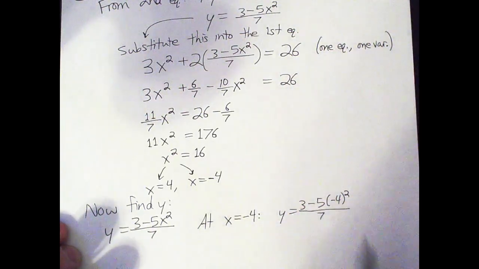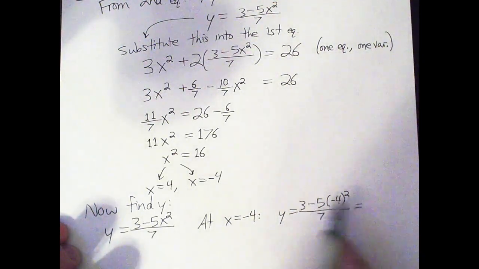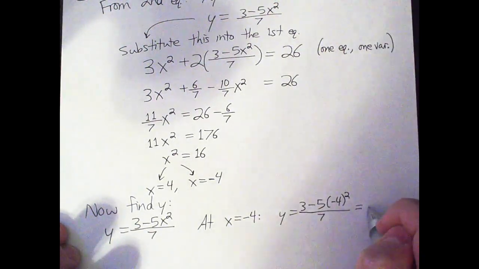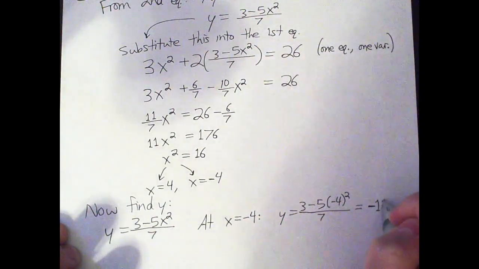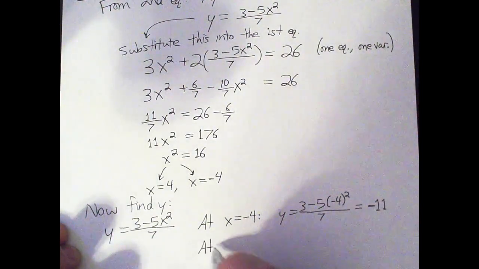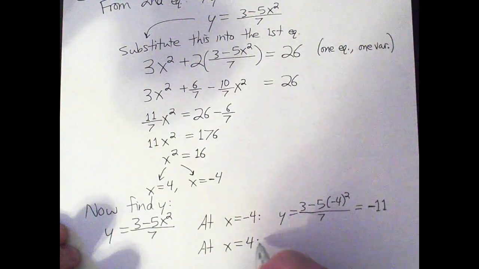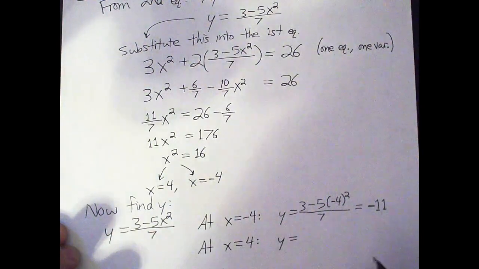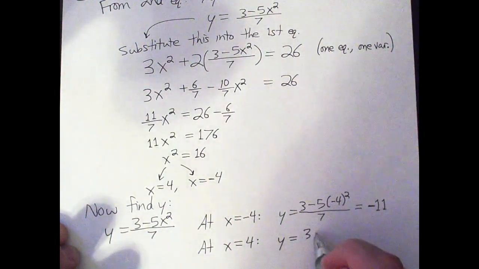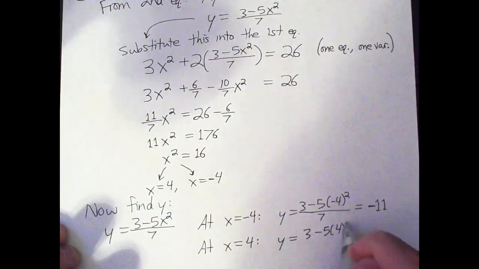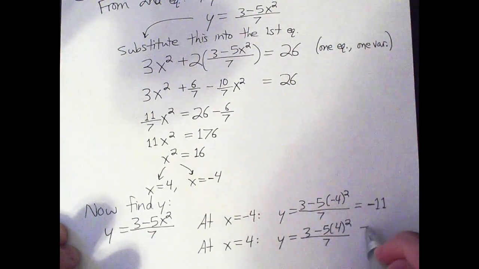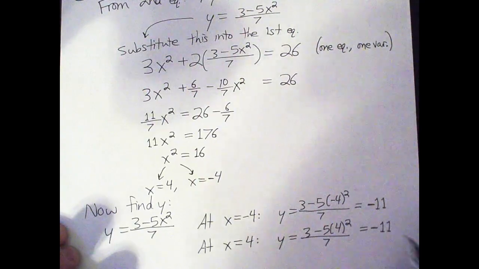I'm going to just skip to the answer to save a little bit of arithmetic time. Evaluate this, and you should get negative 11. And when x is positive 4, 3 minus 5, positive 4 goes in. You also get negative 11.